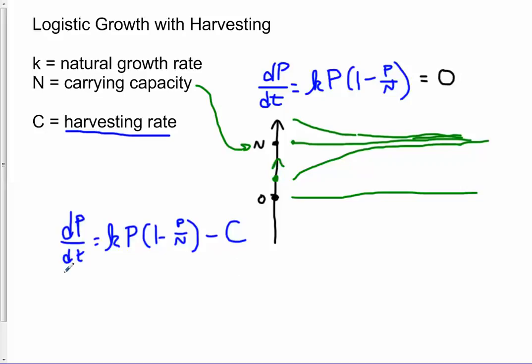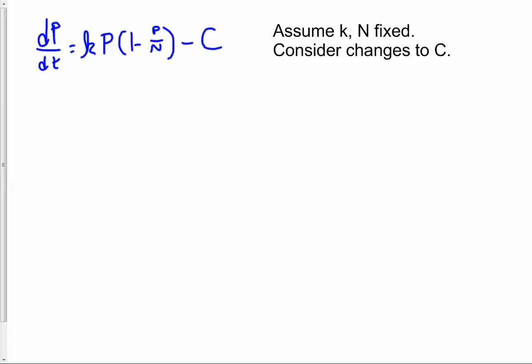Now let's take a closer look at that differential equation, and look at the phase lines for different values of c in particular. Okay, so here we go. We're going to start with this differential equation. Now let's find the equilibrium solutions. This is the equation we have to solve.